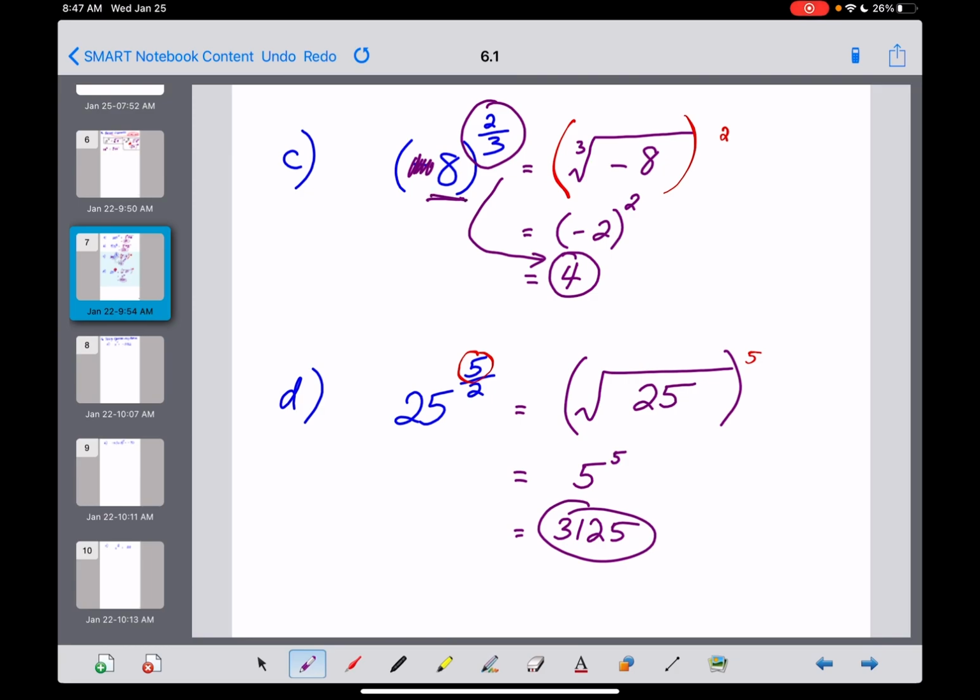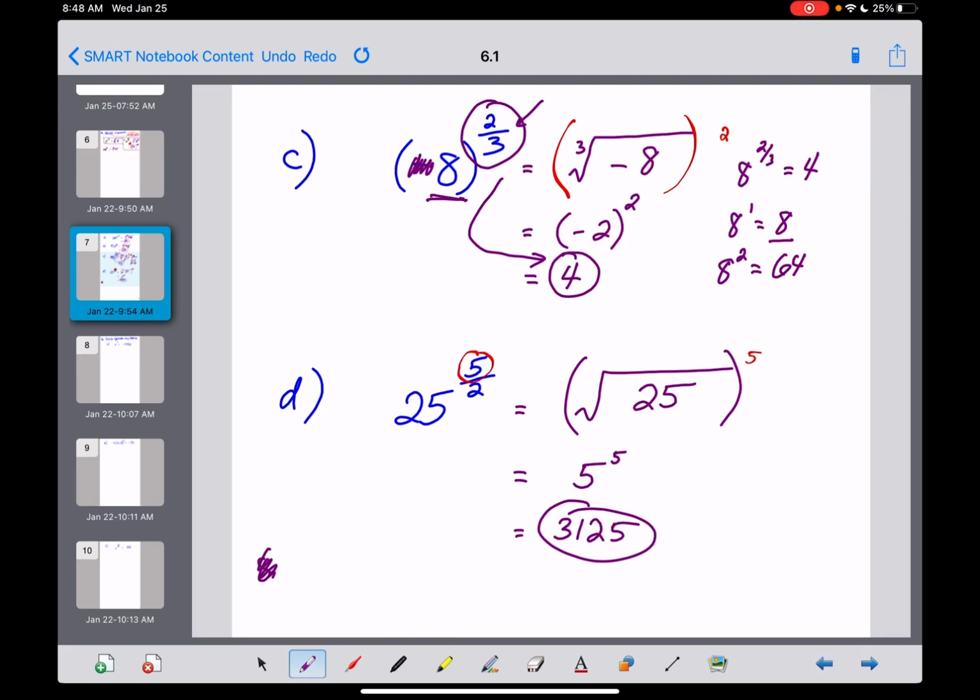The reason for that, everybody, is because your exponent, 2/3, is smaller than 1. 8 to the 1st power is just 8, the number itself. 8 to a larger power, like 8 squared, is going to be a number bigger than 8, 64. But 8 to a fractional power, something smaller than 1, is going to give you a result smaller than 8. And that's how we ended up with 4.